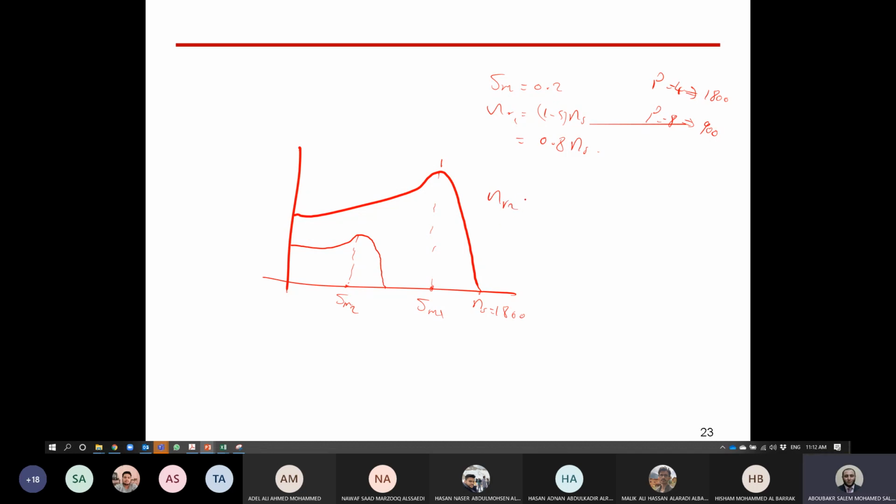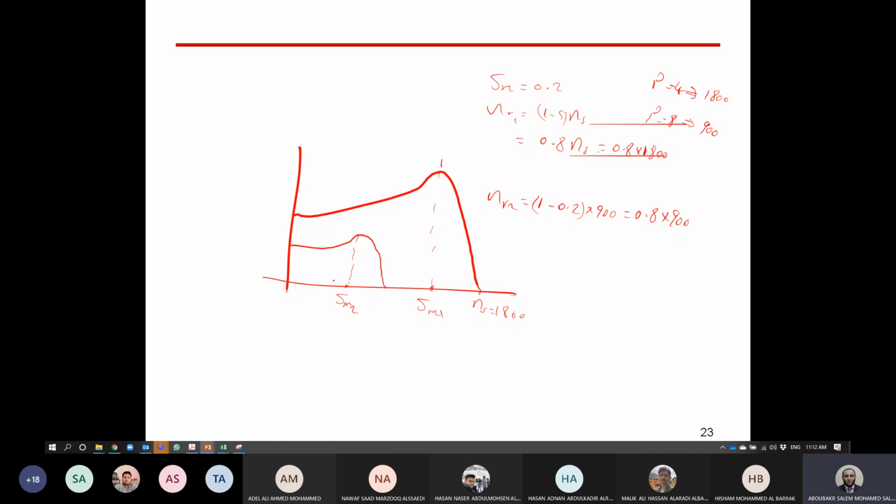It will be 1 minus 0.2 multiplied by NS, which is 900 here. The previous one was 0.8 multiplied by 1800. Here it's 0.8 multiplied by 900.